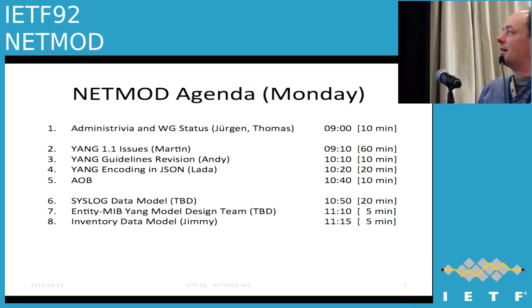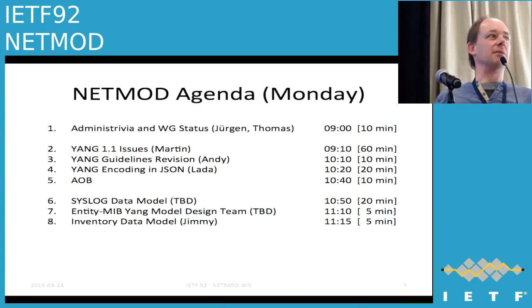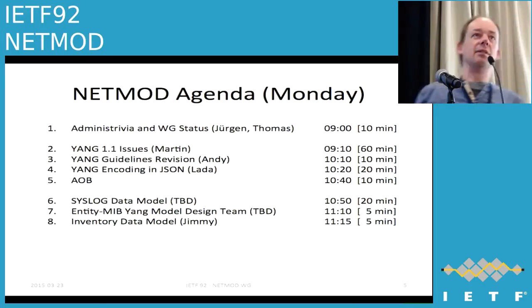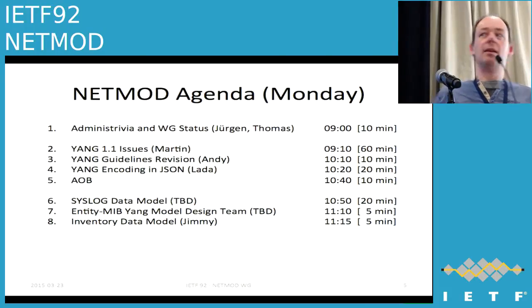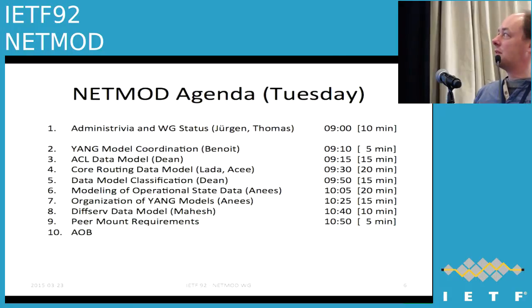Okay, great. There's a Yang design team that just started. They will probably tell us a little bit of what they're doing and what their goals and plans are. And there's going to be time, hopefully, for another document which talks about an inventory extension of a topology data model. That's the plan for today, and that's the plan for tomorrow. So administrative agenda bashing first again. Yang data model coordination.